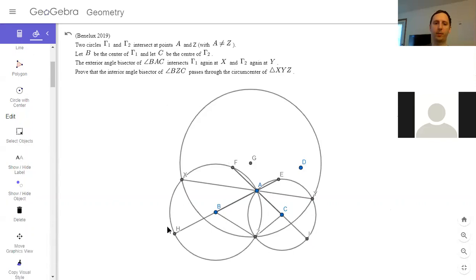So X is the midpoint of this arc, and Y is the midpoint of this arc. AH is a diameter, and AI is a diameter. So HI is parallel to BC.